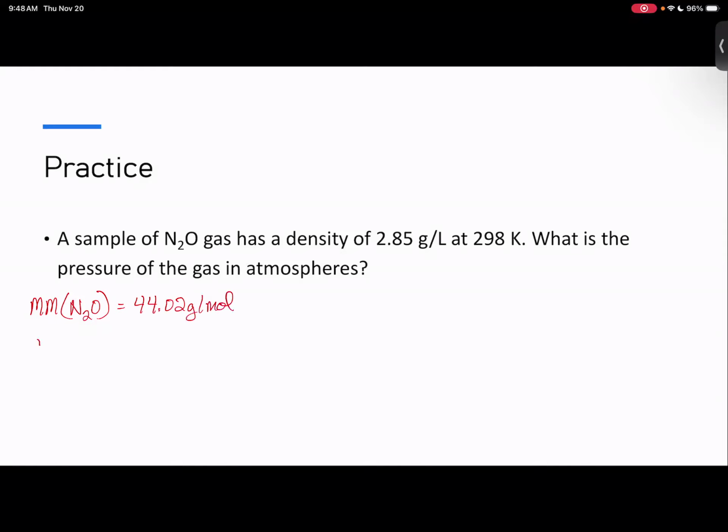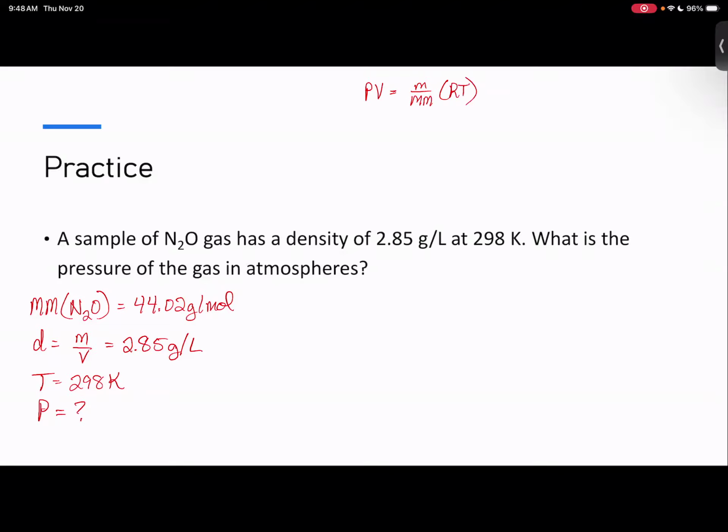It has a density. Density is mass over volume, equal to 2.85 grams per liter at a temperature of 298 Kelvin. We have been asked to determine the pressure of the gas. Again, when you're dealing with density, molar mass, and so on, the equation you are ultimately using is PV equals mass over molar mass times RT.